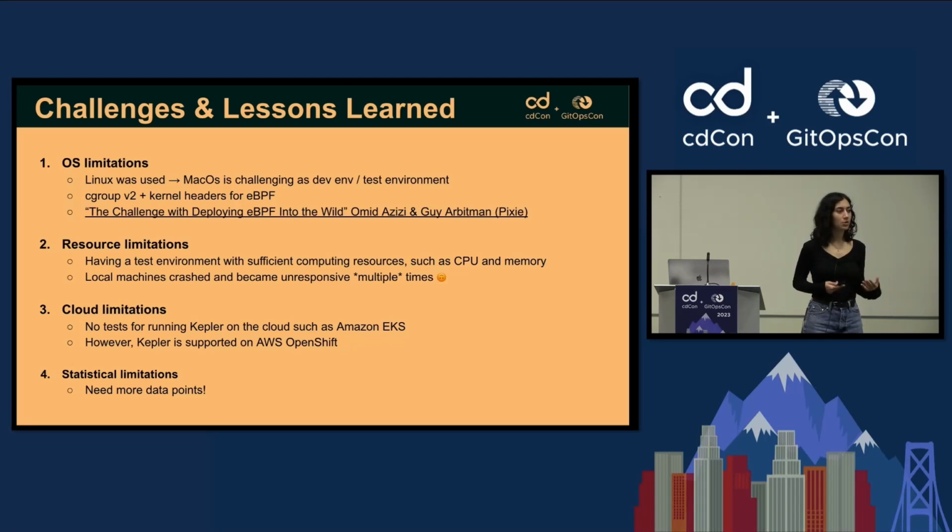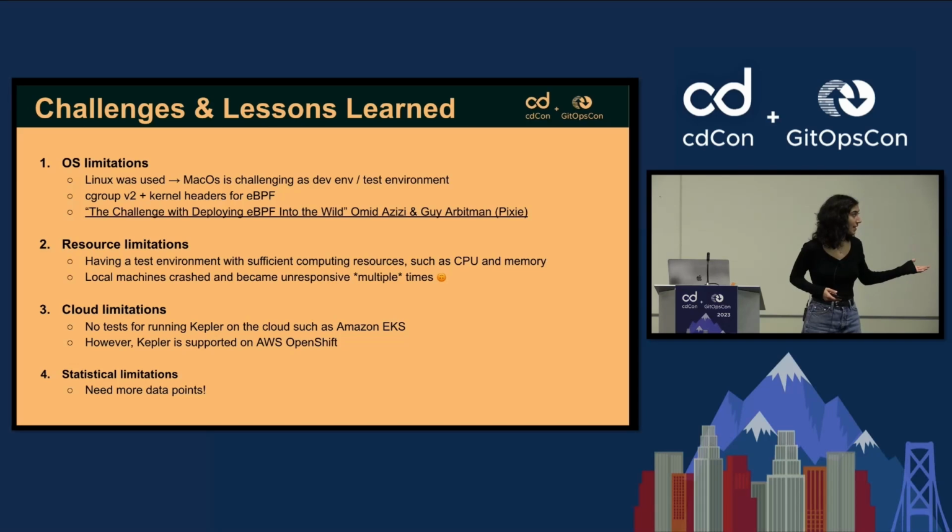Kepler does support VMs, but I've tried with Kind, I've tried with Minikube, I've tried with VirtualBox, and no luck so far. So hopefully one day. That would make the dev environment much easier for Mac users. Otherwise, you need to also have a Linux machine.